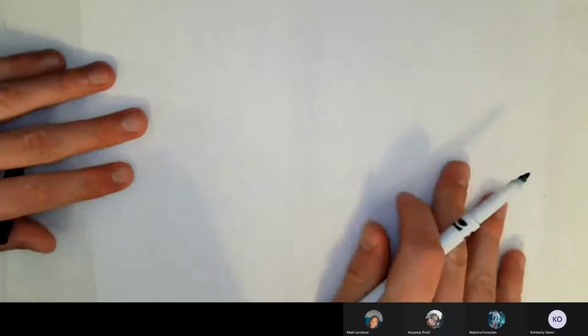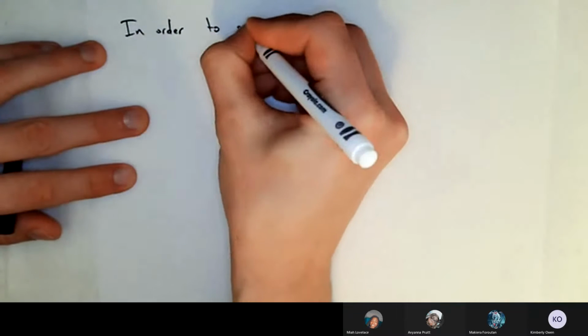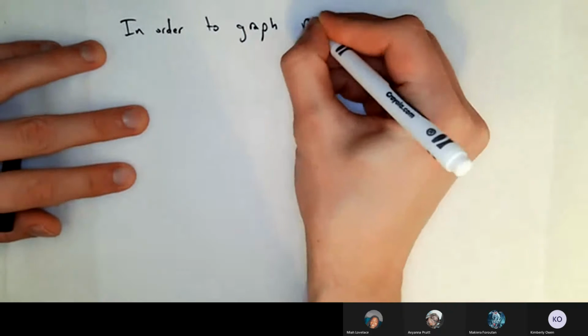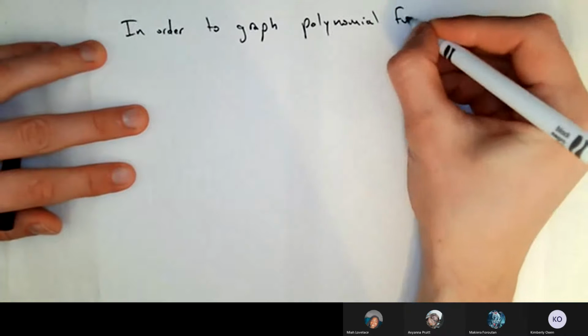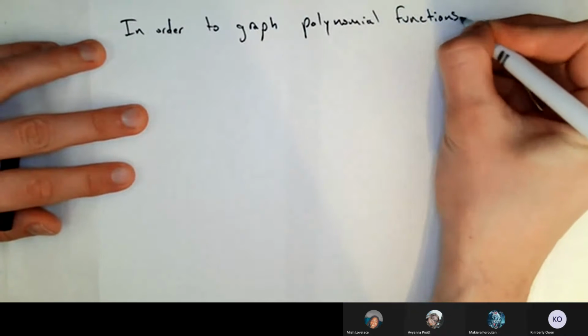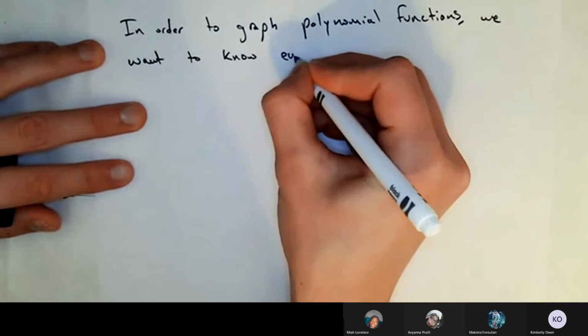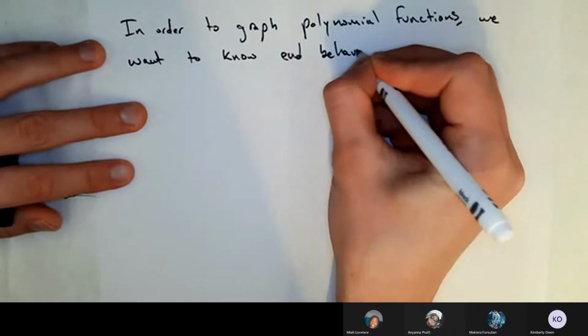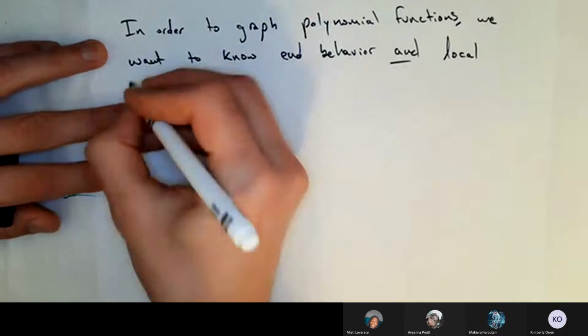So the overall idea is that in order to graph polynomial functions, we want to know end behavior and local behavior.